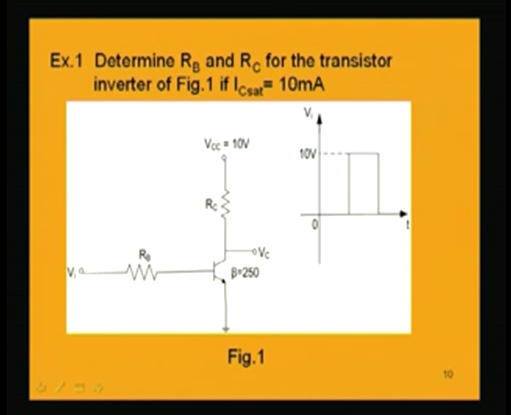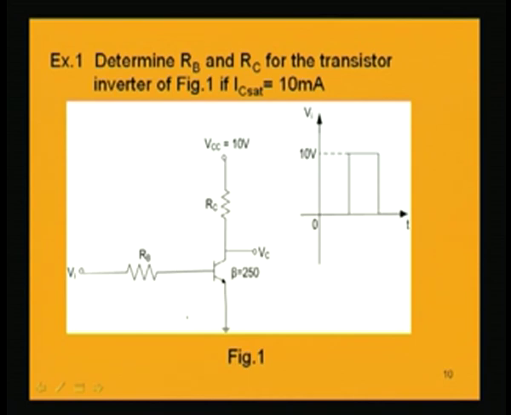We have to determine the values of RB as well as RC for this transistor inverter if the collector saturation current, IC sat, is given as 10 milliampere and the input voltage is between 0 and 10 volt, as shown.